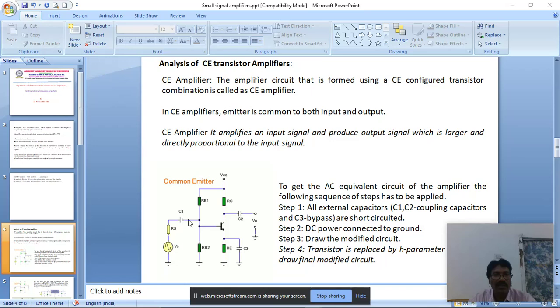Step 1, all the capacitors are short circuited. Second, the DC power supply is connected to ground. Third, redraw the modified circuit. Fourth, the transistor is replaced by its equivalent model.